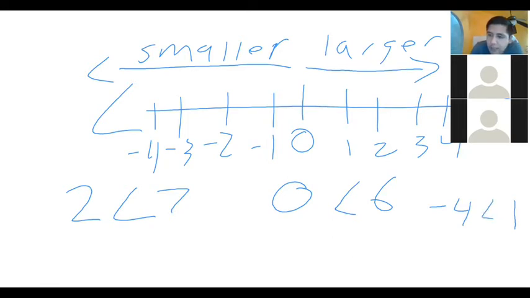Even though 4 has a larger value than 1, because of the negative, 1 is a larger number than -4. That's where sometimes the confusion can come in.